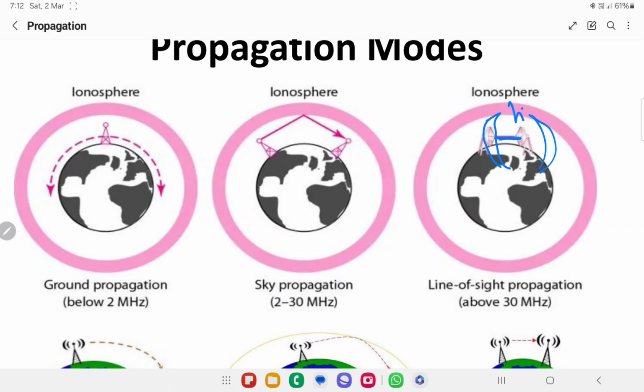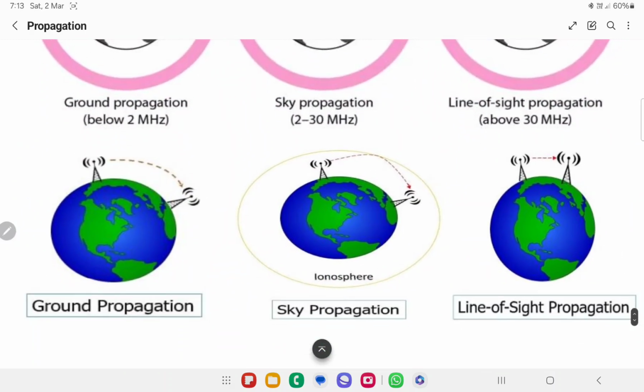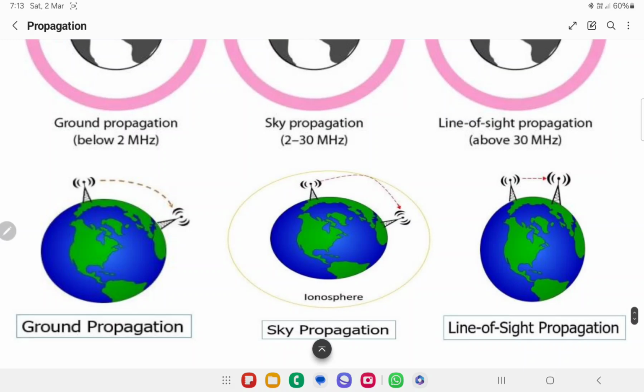Here we have high frequency. See the ranges: below 2 megahertz, then 2 to 30, and here it is above 30 megahertz. So this is, I think, clear. See, the two antennas are placed like this, so that you can have a straight line between them.